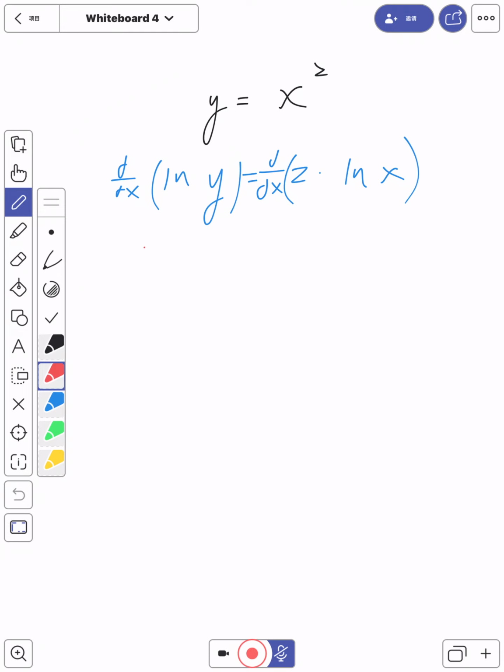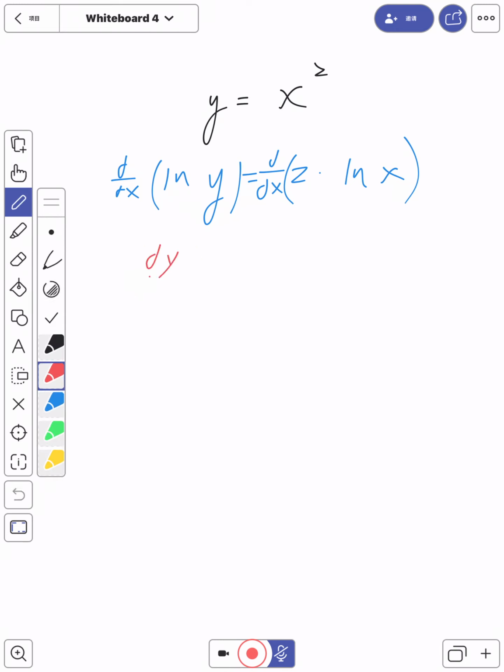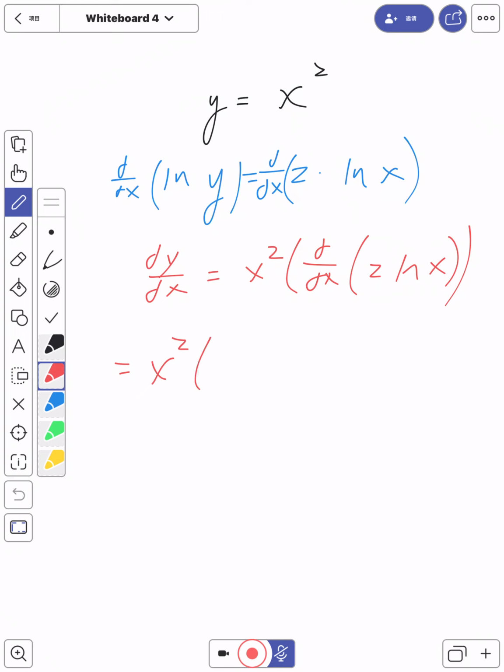So now we have 1 over y times dy over dx, or you can just skip this step. dy over dx is equal to x to the z times d over dx of z ln x, which is equal to x to the z times (dz over dx ln of x, and then plus z over x).